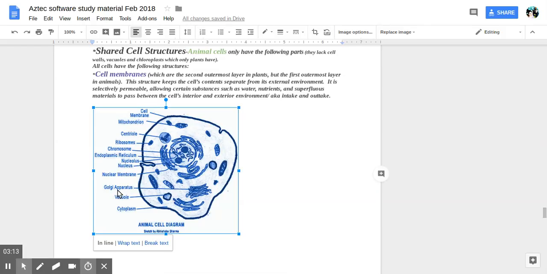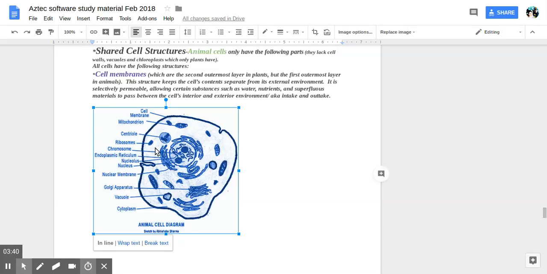In contrast, the Golgi apparatus, and the nuclear membrane, which is around the nucleus. Most organelles have some sort of membrane. Mitochondria as well has a membrane. The nucleolus contains the chromosomes, genetic material.